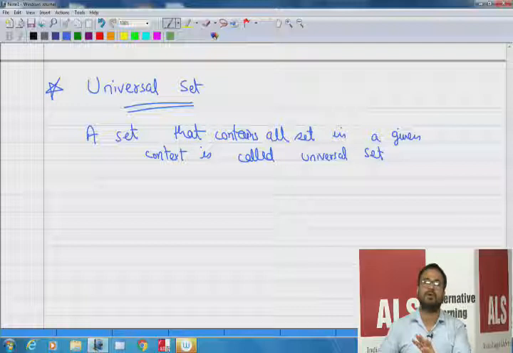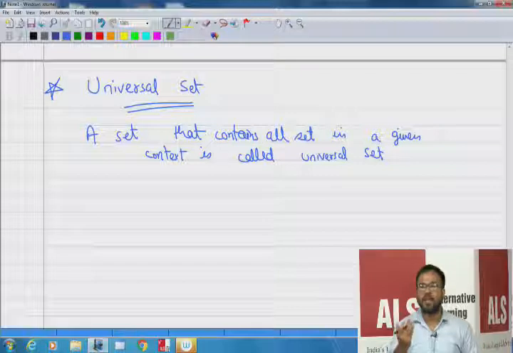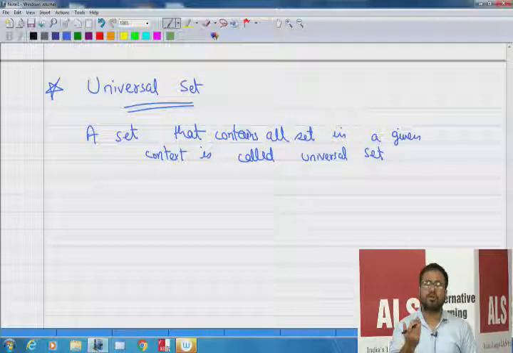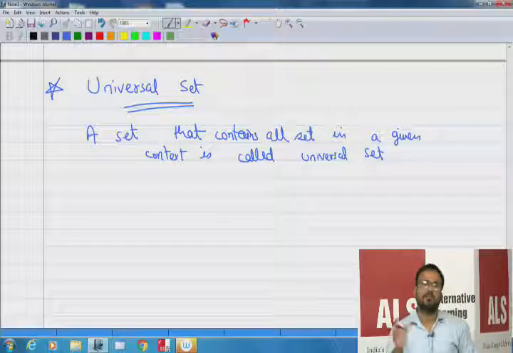If you are talking about numbers, then the set which contains all types of numbers will be the universal one. If you are talking about coordinates, as I have discussed, like 1, 2, 3, 4, even if you are talking about only 2 coordinates, the set which contains all possible coordinates is called the universal set.